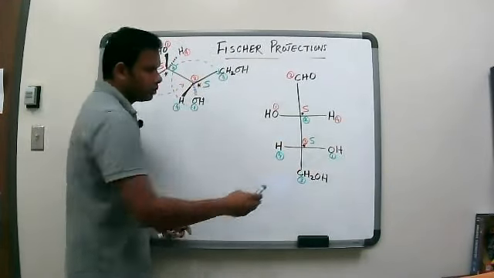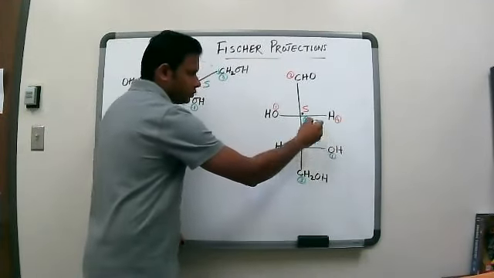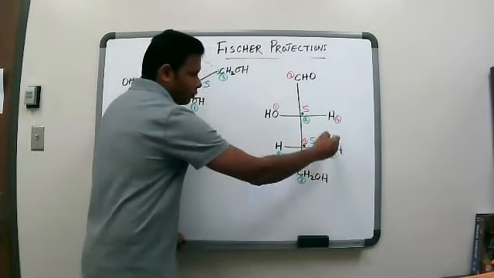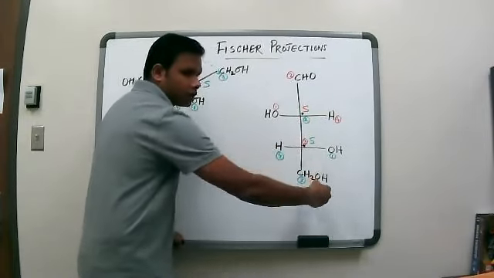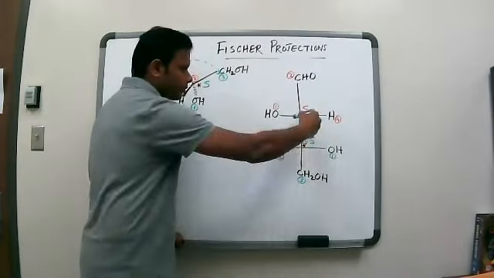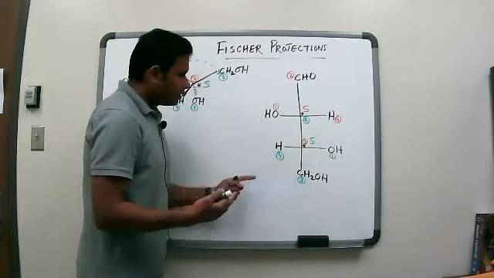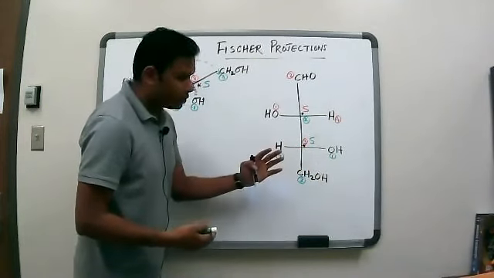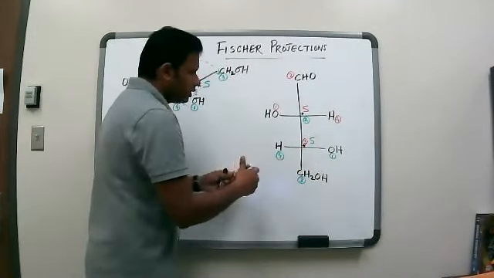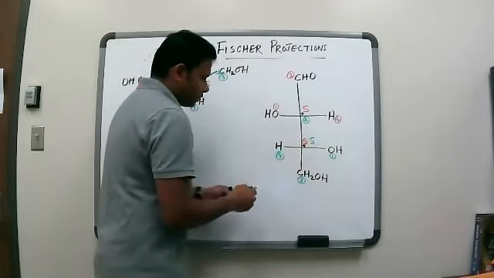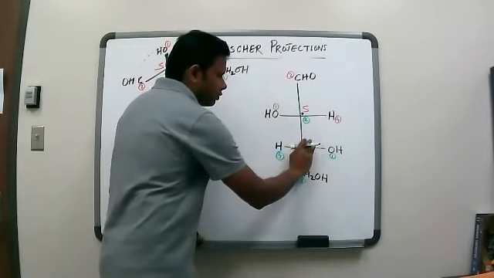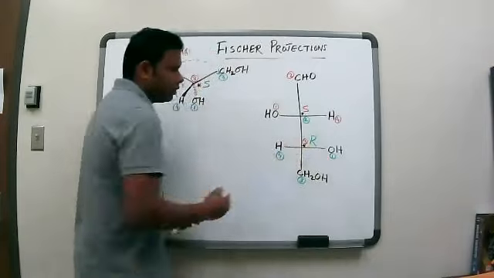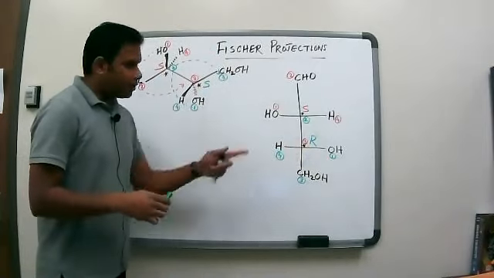And now what you can notice is in going from 1 to 2 to 3, this is a counterclockwise rotation, which is S, and the lowest priority group is on a wedge. So we have to invert, and then the configuration in that case would have been R. Okay, that would have been R.